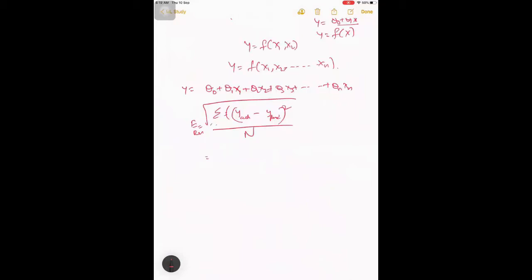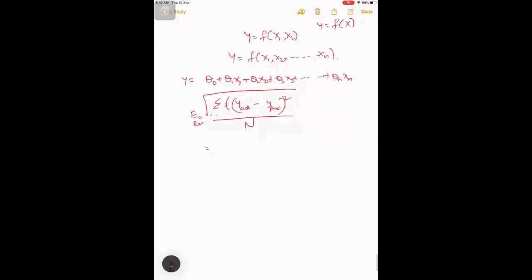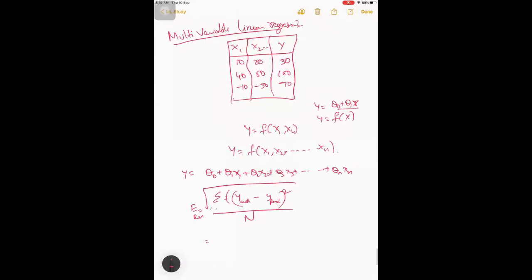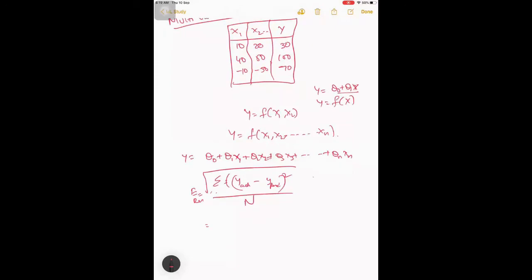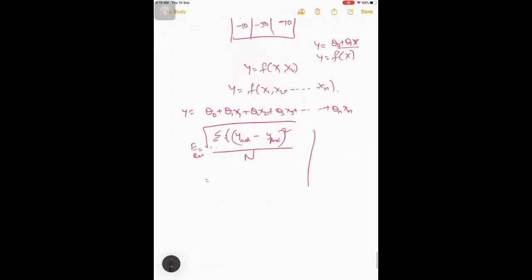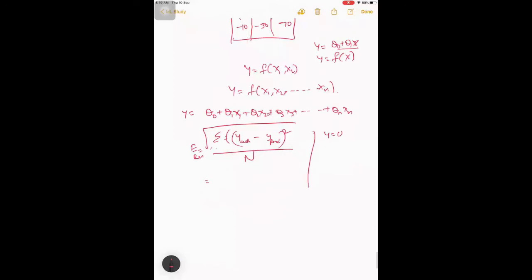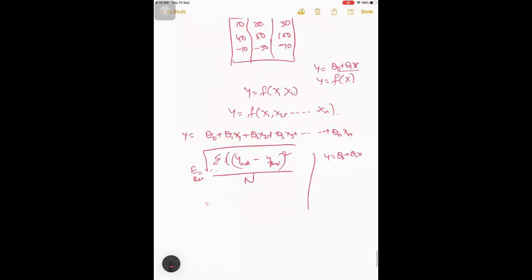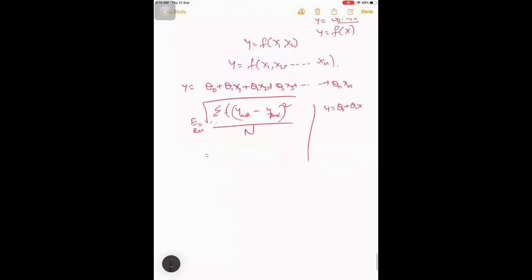Let me try to expand this, first for a single variable, and then also for multiple variables. Theta 1 x, okay, so this is y predict. For a value, this will be y predict, and the actual value will be y actual.